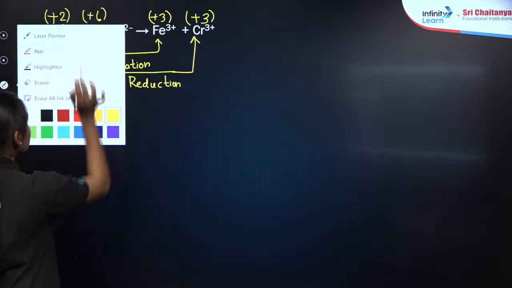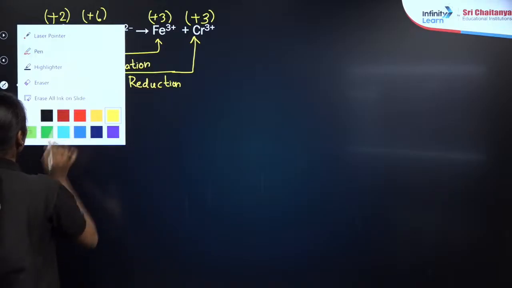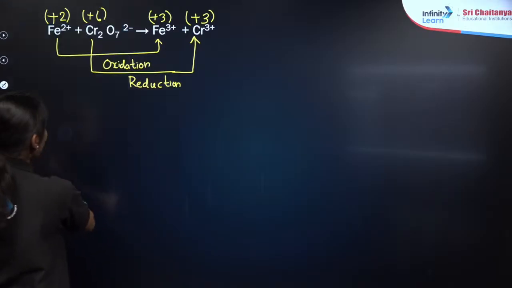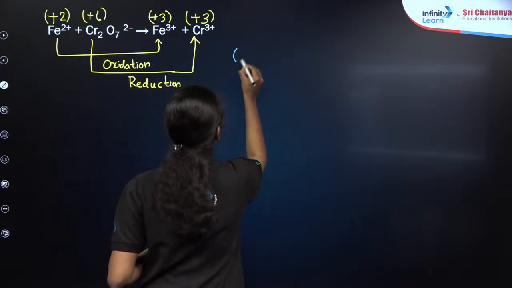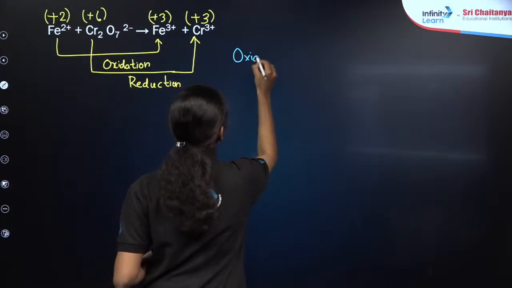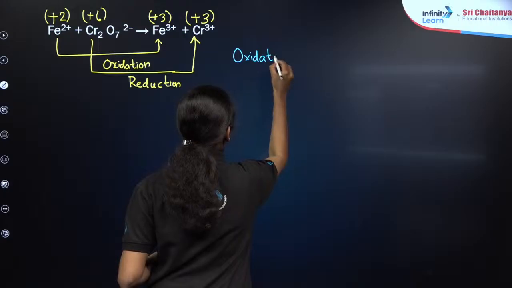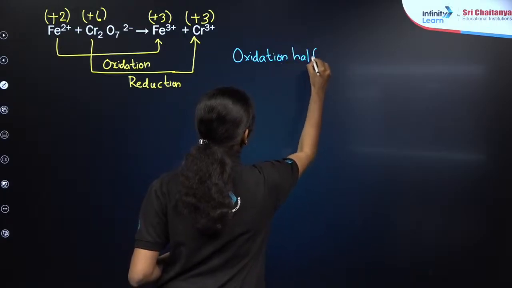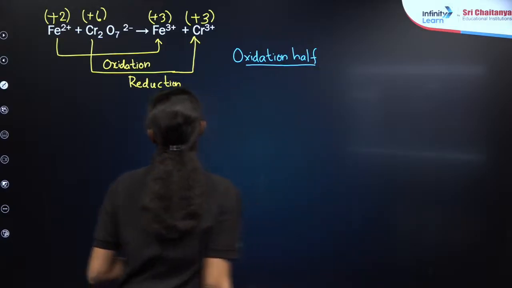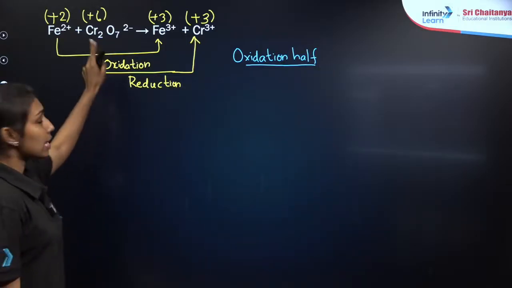Now you have to split this whole reaction into two half reactions. That is, one is the oxidation half and another one is the reduction half. I will write down here which one will be your oxidation half. What is the oxidation half here?